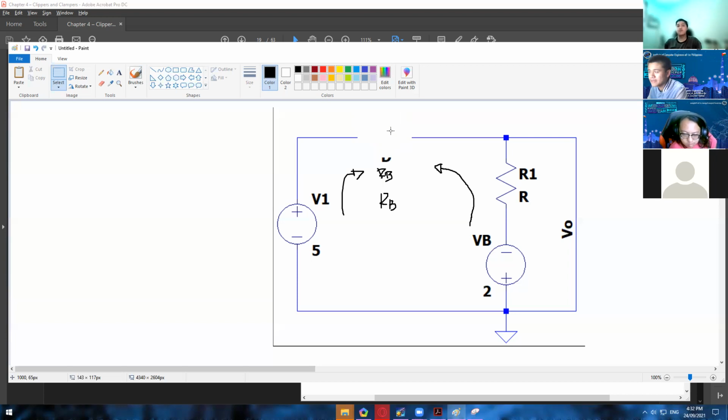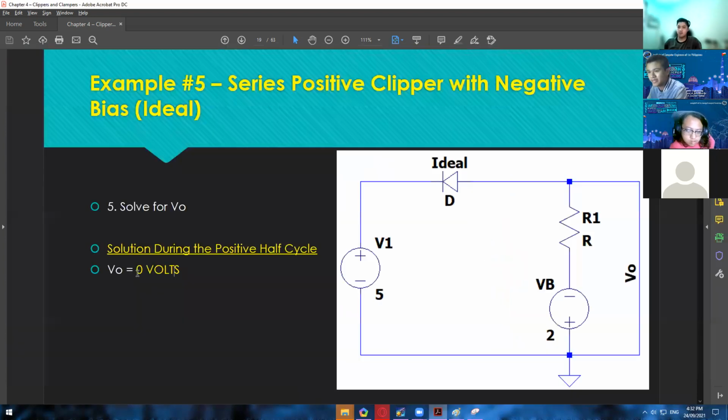So kapag reverse bias, of course, there is no flow of current, resulting into a 0 volts. Okay? So saka lang siya magkakaroon ng flow of current if we're able to make this one a forward bias. Okay, so yun yung difference nung kanina, ng example natin.